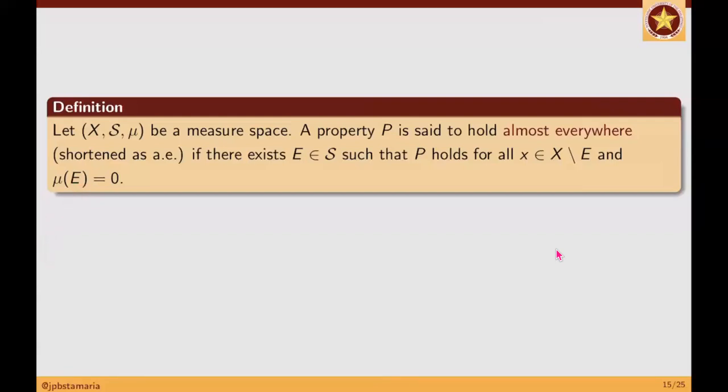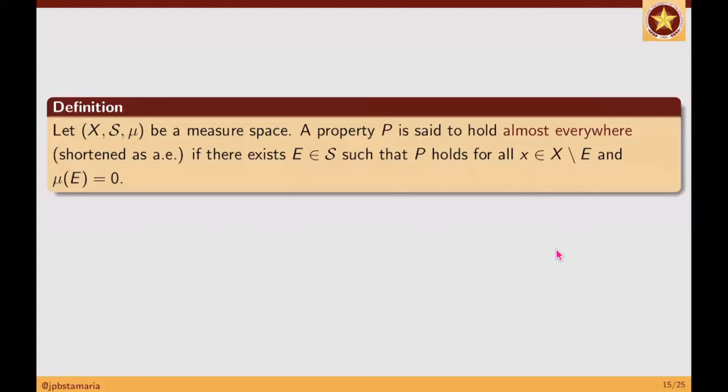Ang sinasabi ko, nag-hold siya doon sa complement ng E at ang E ay may measure na 0. Kaya kapag ang isang property nag-hold everywhere, nag-hold siya almost everywhere, but not conversely.